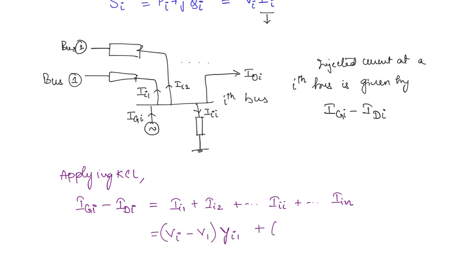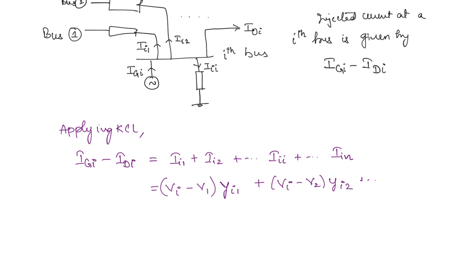Similarly, Ii2 you can write as Vi minus V2 into yi2, and so on like that. Iii, what can you write as? Vi minus 0, the ground potential, right? So this into yii. Similarly, so on till Vi minus Vn into yin.